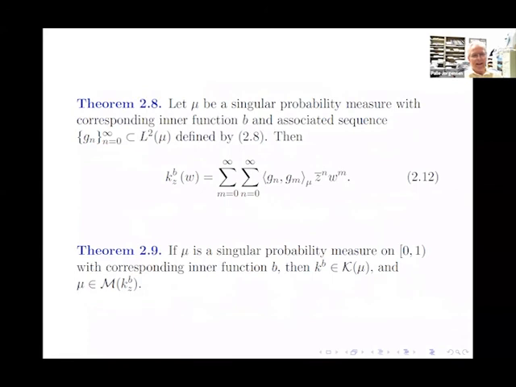Okay. And 2.8 is again, I can only have time for hand waving. Now, the branch theory does give you kernels for these subspaces, but what we would like to do is we would like to have it computational, and the G functions are the ones that come from our algorithm. So we want a formula for our kernel of the subspace corresponding to mu, and that's the one that's given by the inner function.